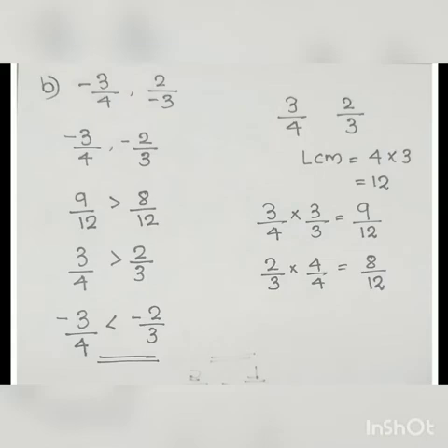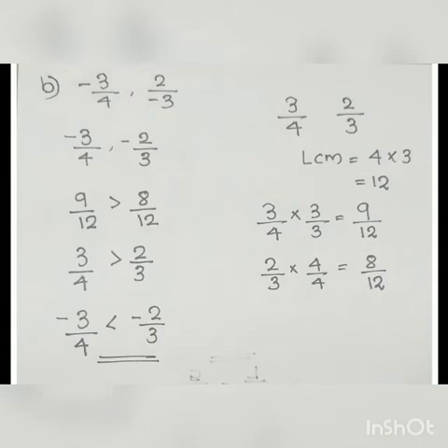Clear? So here without the negative sign, I got greater than. So when I inserted the negative sign, it is less than. That means the reverse order. This is applicable when both the numbers are negative. When both are negative rational numbers, you have to apply this method.